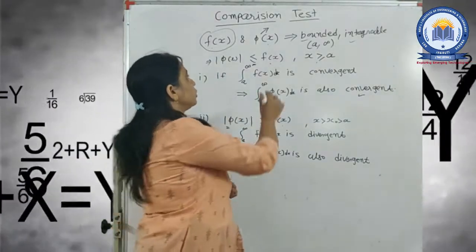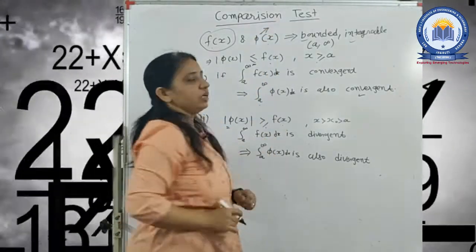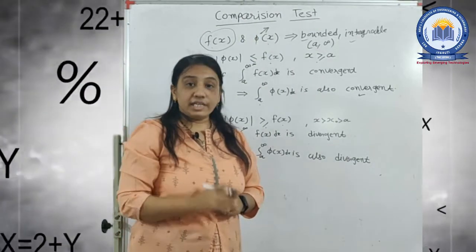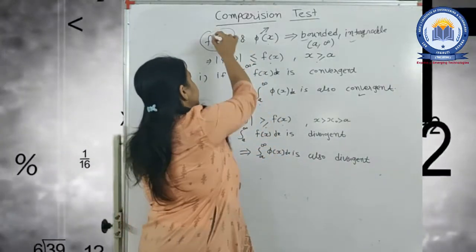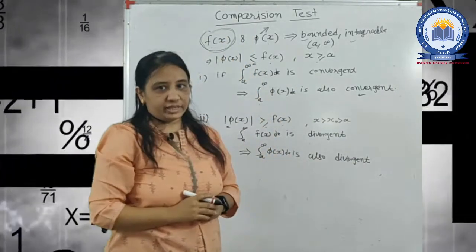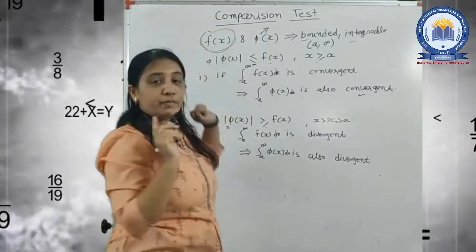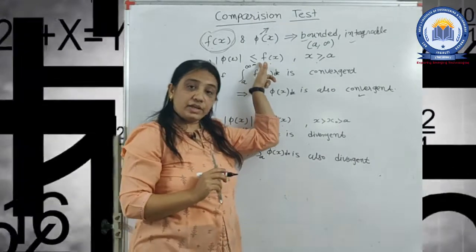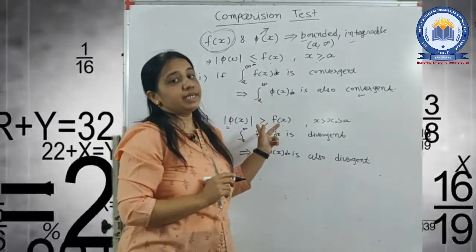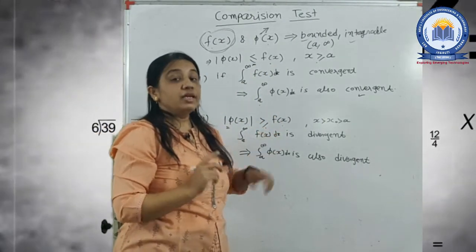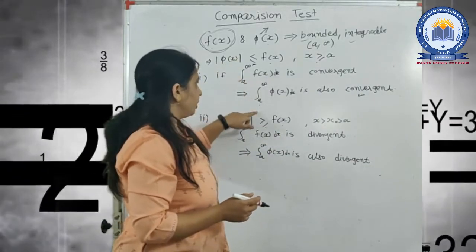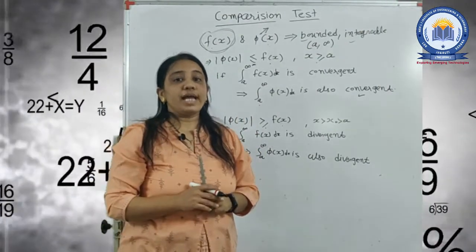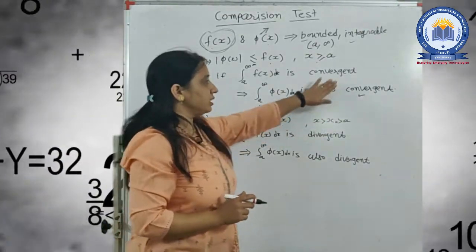Now in an example you will be given only one function, so you have to assume that function as phi(x). From phi(x) we derive one function, f(x), in such a way that it is either less than or equal to phi(x) or greater than or equal to phi(x), depending upon the condition. For f(x) we check the convergence.